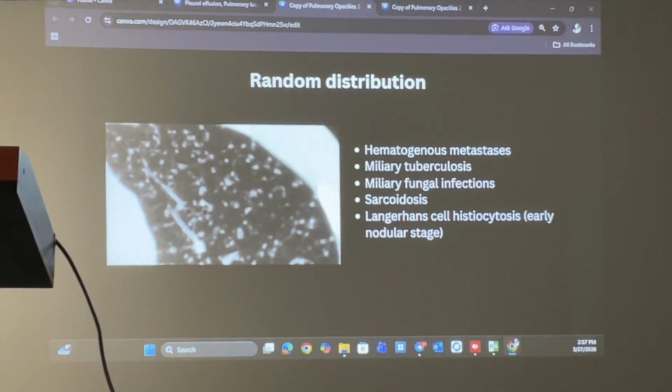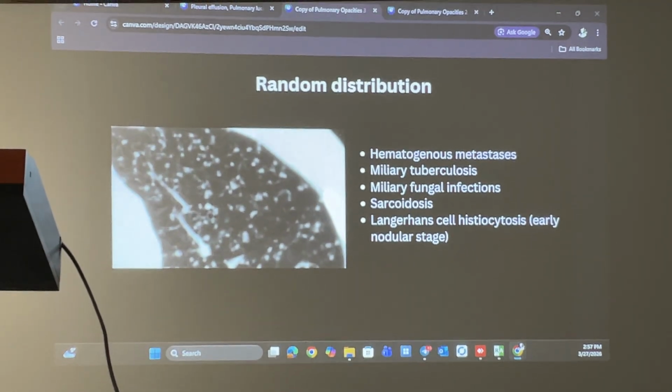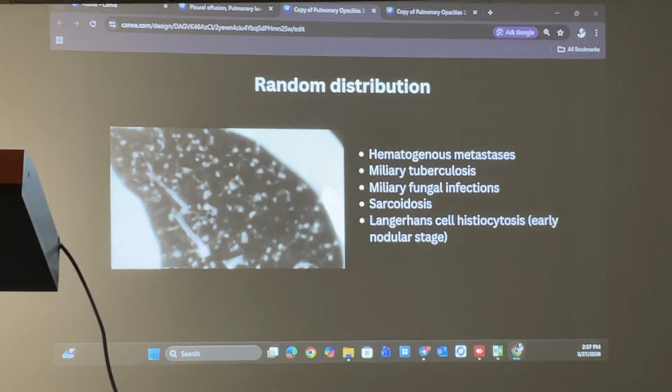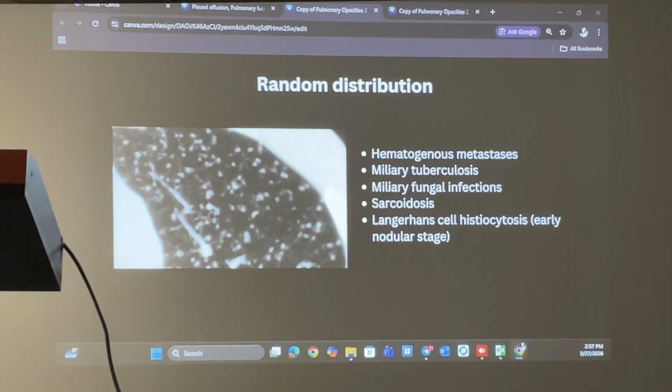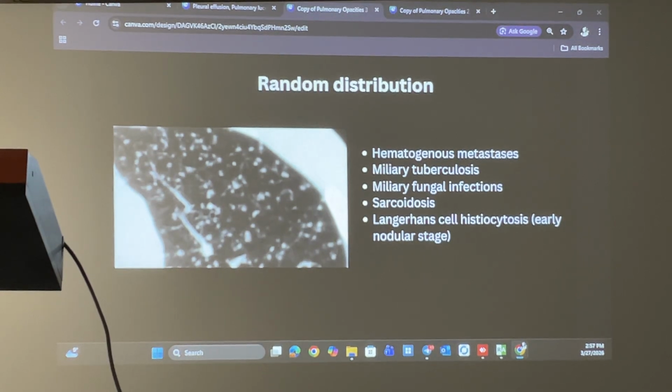Sarcoidosis usually has a pure lymphatic distribution. However, when it is very extensive, it spreads along the lymphatics in the bronchovascular bundle to the periphery of the lung and may reach the centrilobular area too. So this may result in a combined perilymphatic centrilobular distribution, which can simulate the random pattern.